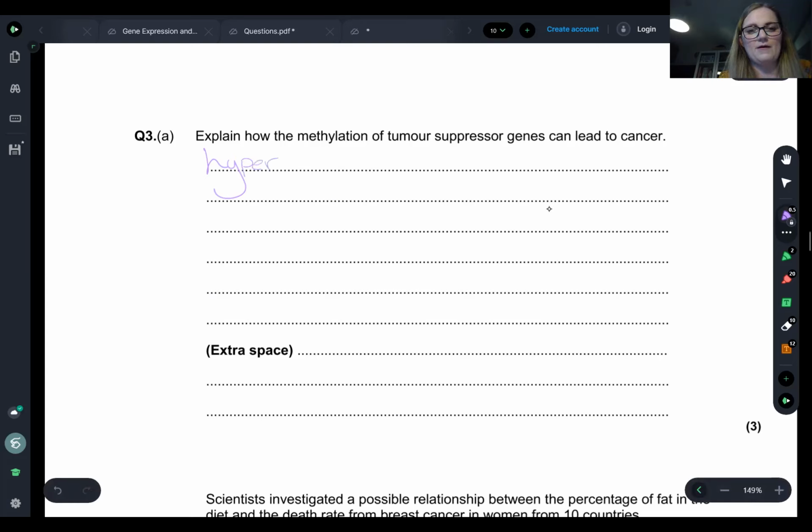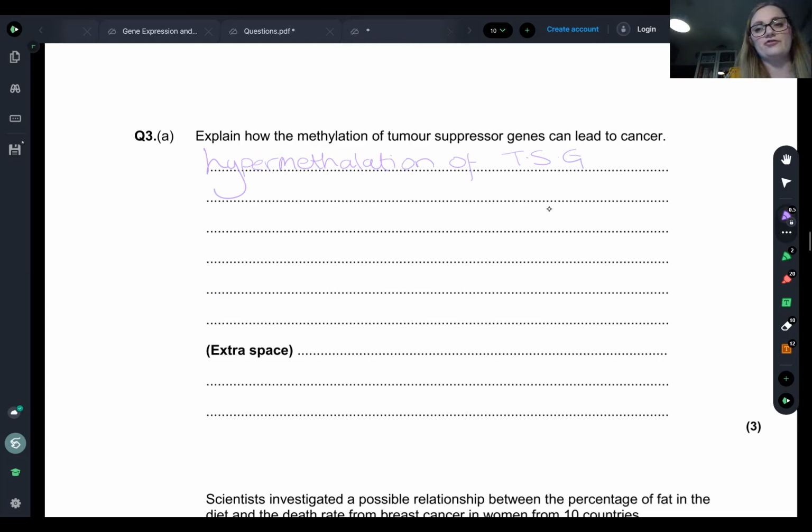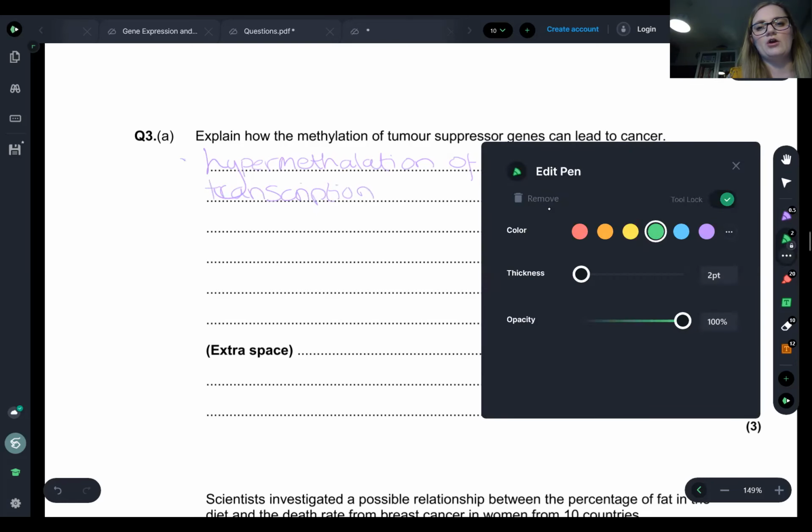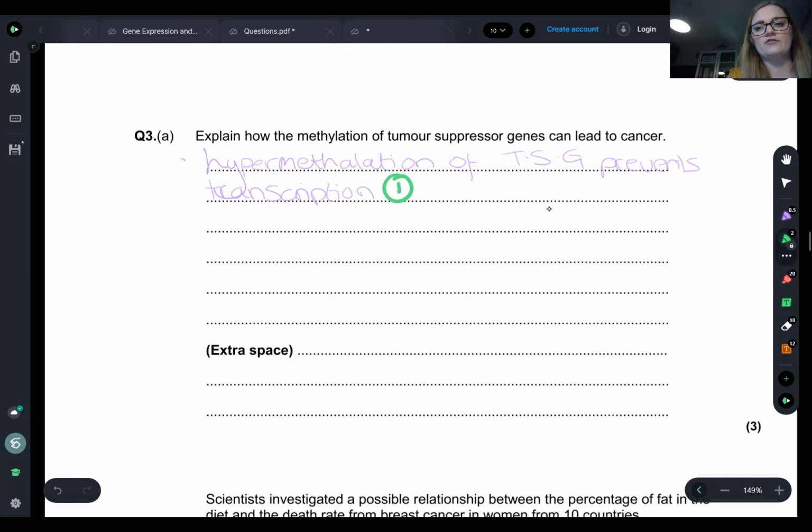So hypermethylation of a tumor suppressor gene, TSG, prevents transcription. That will get you 1 mark. You're stating what it does: that hypermethylation of the tumor suppressor gene prevents transcription.